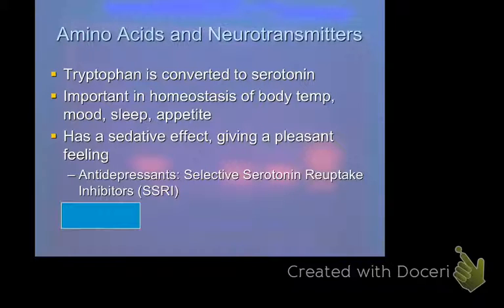And so you may have heard of SSRIs, which are selective serotonin reuptake inhibitors. In fact, a lot of times these drugs counteract with other drugs, so it may say, don't take such and such if you're taking either an MAOI, which is something else, an SSRI, or something like that.